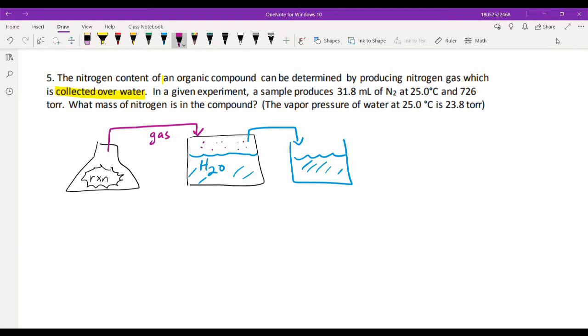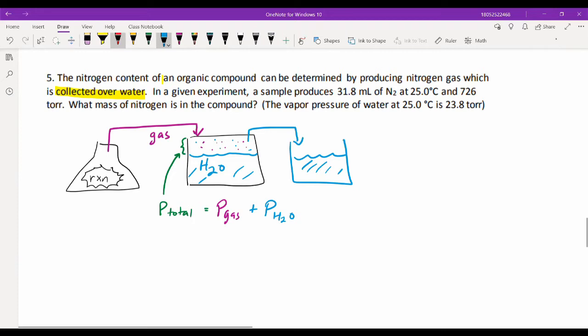In these kinds of problems, the thing to keep in mind is that the total pressure above the water is a sum of the pressure of the gas you're collecting, which in this case is nitrogen, plus the water vapor. Whenever you have liquid water, above that water you'll also have some water vapor, some particles of water in the gas phase. That's the key that you need to keep in mind.